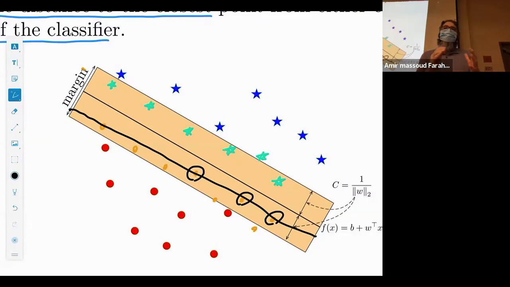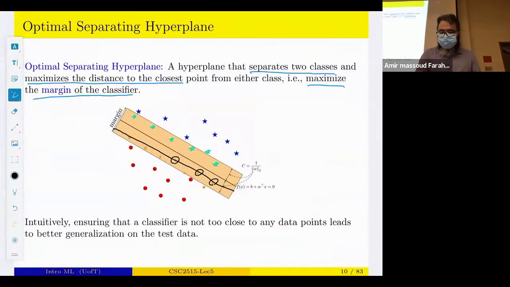So here we want to be as far away from each of the sides, so that the chance of a new data point being on the wrong side of the classifier would be minimized. So this gives an intuition of why this might be a good idea. But the end result is that if we maximize this margin, the classifiers usually generalize better on test data.